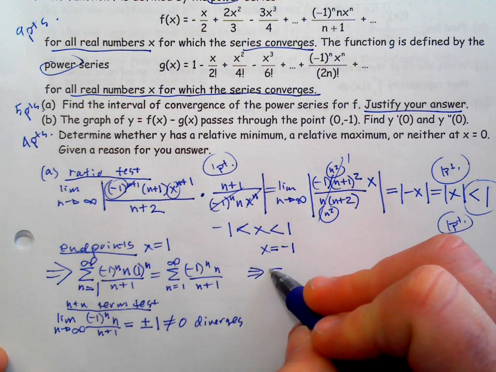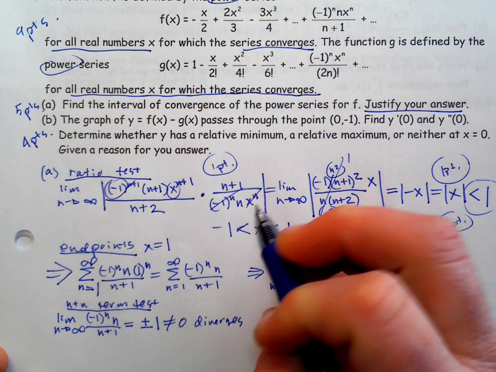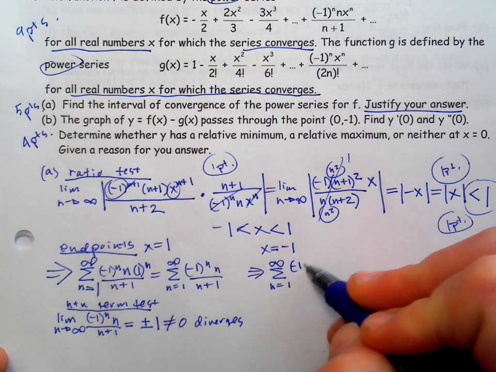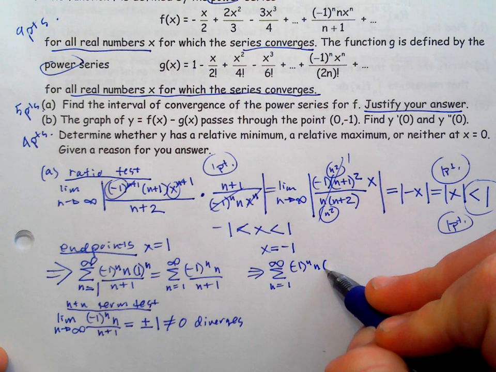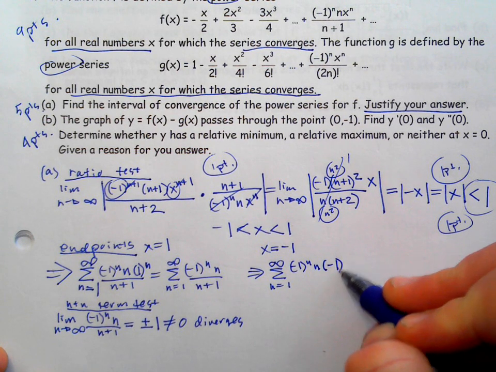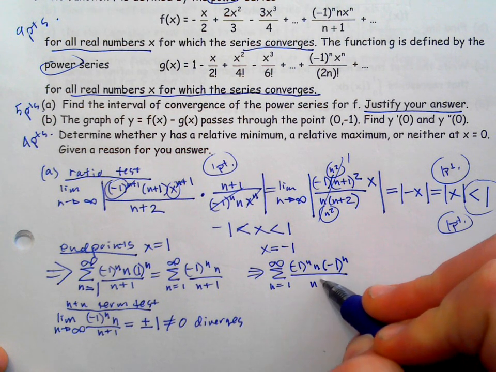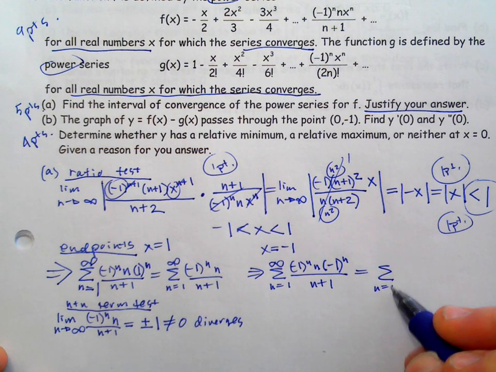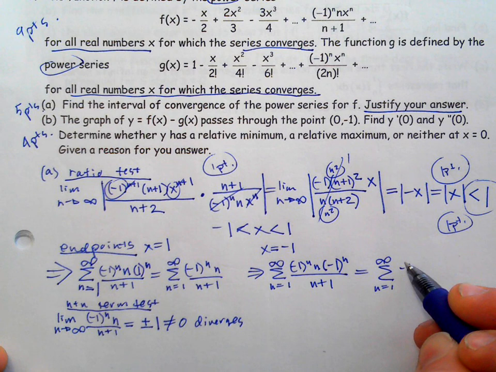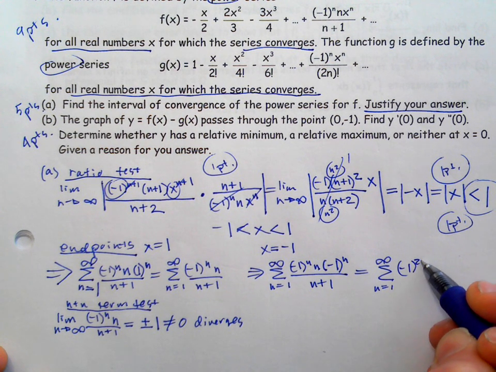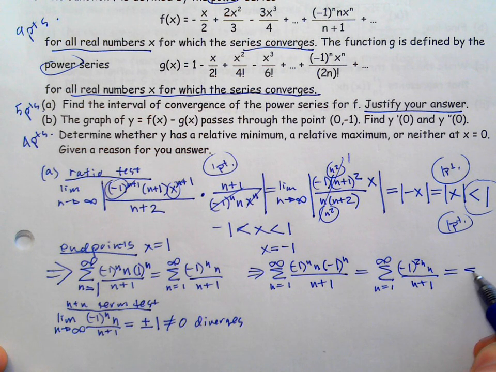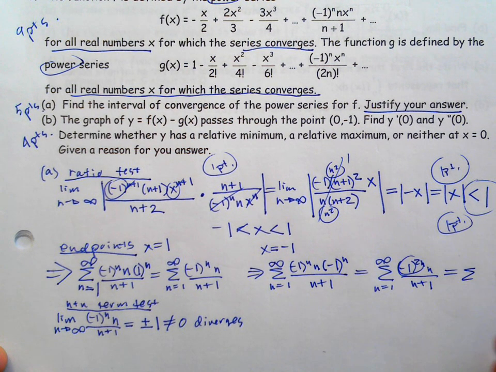We're going to rewrite the power series, -1 to the n times -1 to the n, n over n plus 1, and simplify that. And we get -1 to the 2n, rules of exponents, and that would be -1 squared to the n, which would be positive 1.